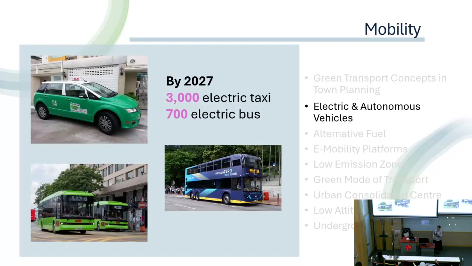With autonomous vehicles and electric vehicles that we're trying to incorporate into the city, we need to think about how they're operated. Right now, the projection is that there'll be around 3,000 electric taxis on the road, along with 700 electric buses on the road.